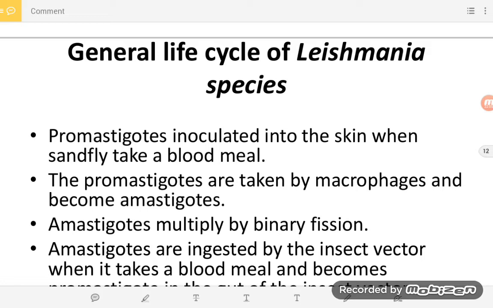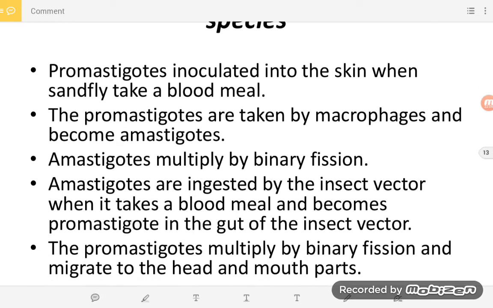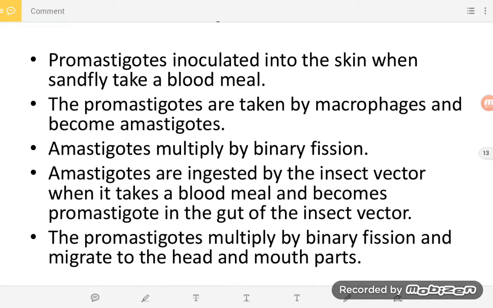So these promastigote forms transfer into the human. These promastigote forms are taken up by macrophages and become the amastigote form. So immediately these promastigote forms are taken by macrophages, and they are converted into the amastigote form.